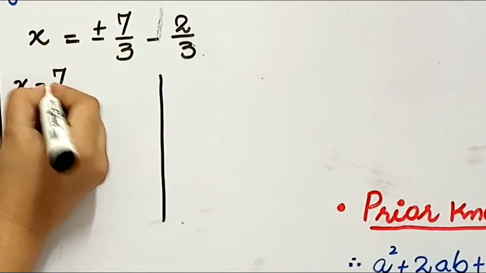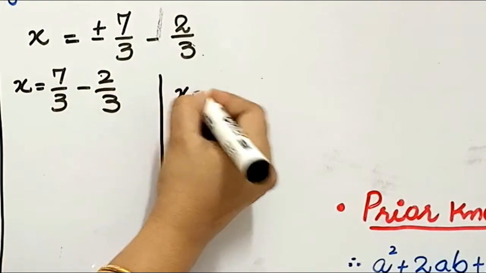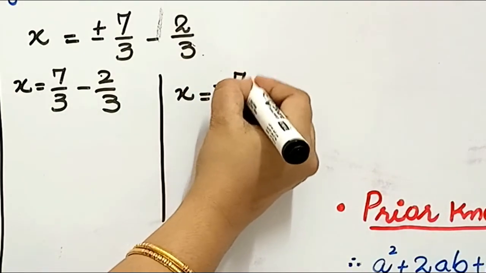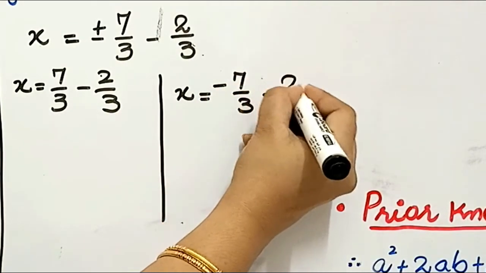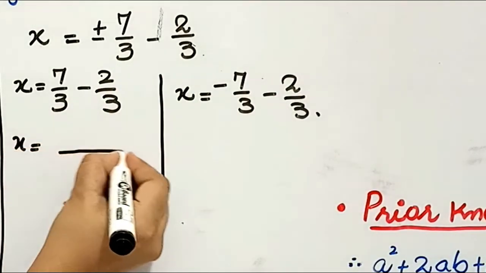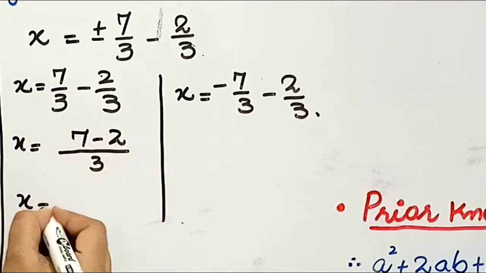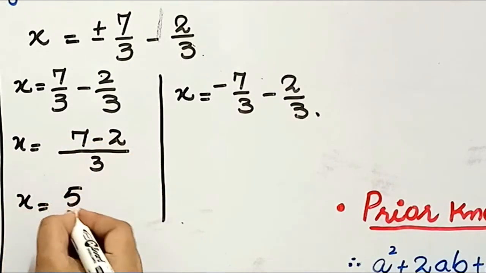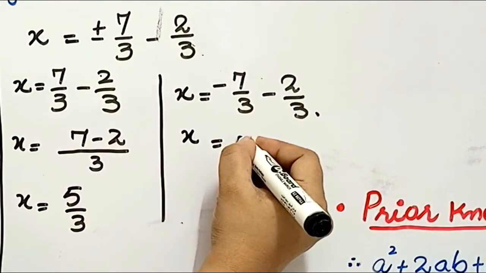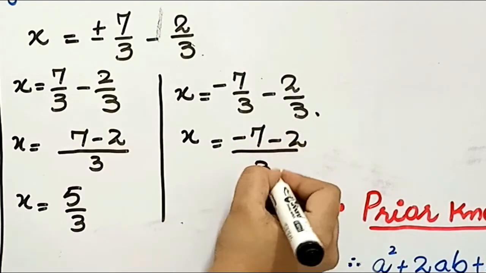It is positive 7 upon 3 minus 2 upon 3, and x is equal to minus 7 upon 3 minus 2 upon 3. So x is equal to, with 3 as the LCM, 7 minus 2, which is 5 upon 3 positive, and here it goes minus 7 upon 3 minus 2 by 3.